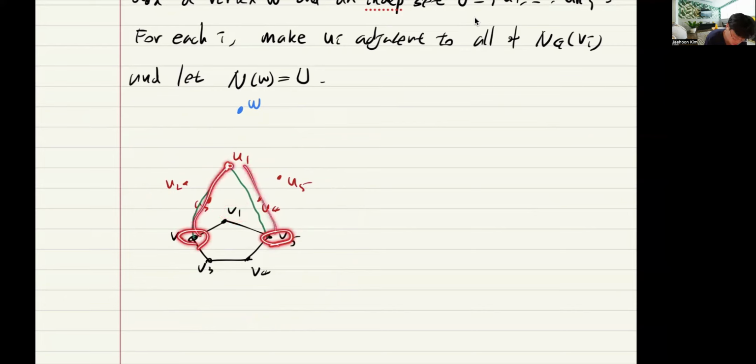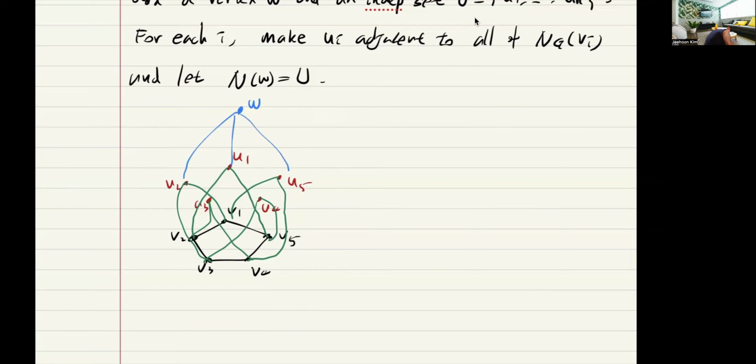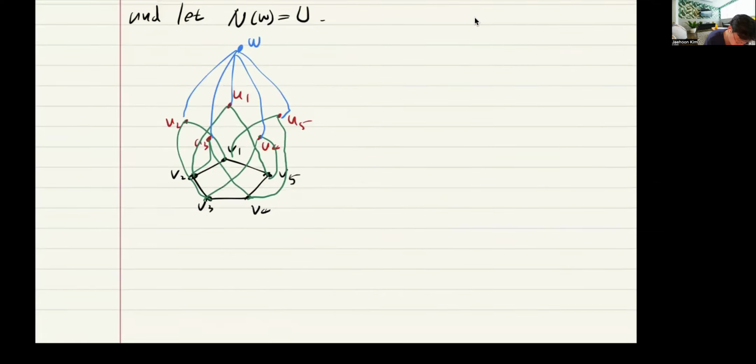So U1 is adjacent to those two. And make W adjacent to all of U1, U2, U3, U4, U5. This is what you obtain from this C5 by applying Mycielski's construction.